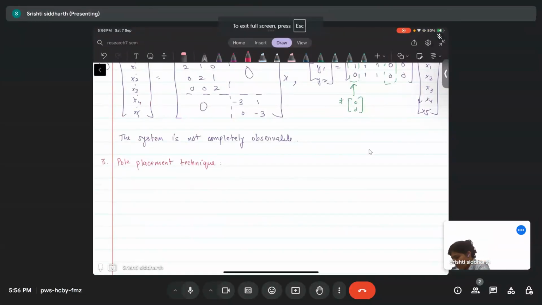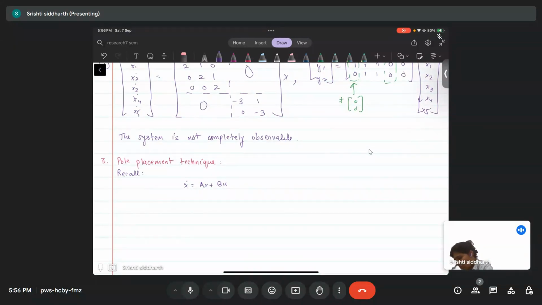Okay, so let's recall a few points. We have the general state space model x dot equals Ax plus Bu, and let's say that all of the states were measured. So we have a completely observable system.